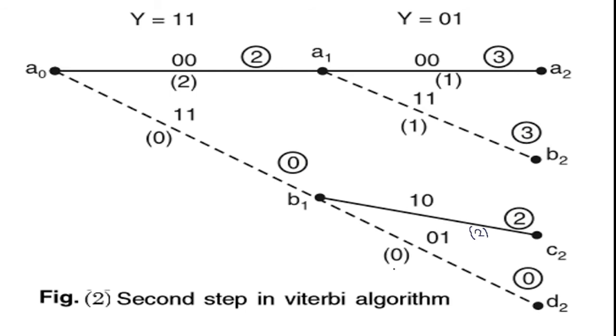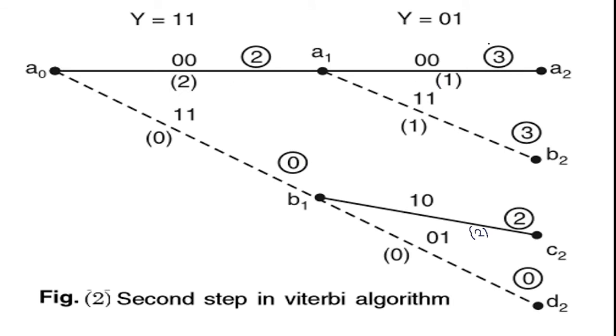Next, calculate the running path metric. And how to calculate the running path metric? The running path metric is the summing of the branch metrics. Now here A0 to A1, the branch metric is 2, and A1 to A2, the branch metric is 1. So the running path metric is 2 plus 1, which is 3.